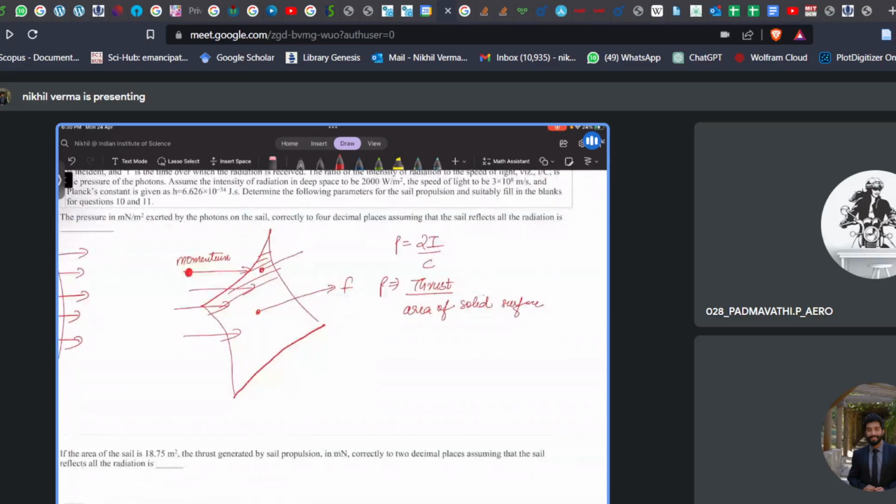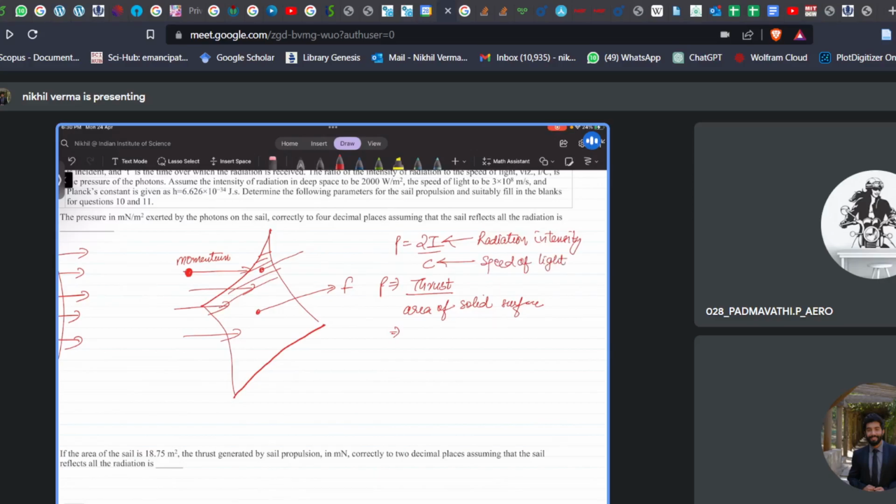So I is the radiation intensity. C is the speed of light.